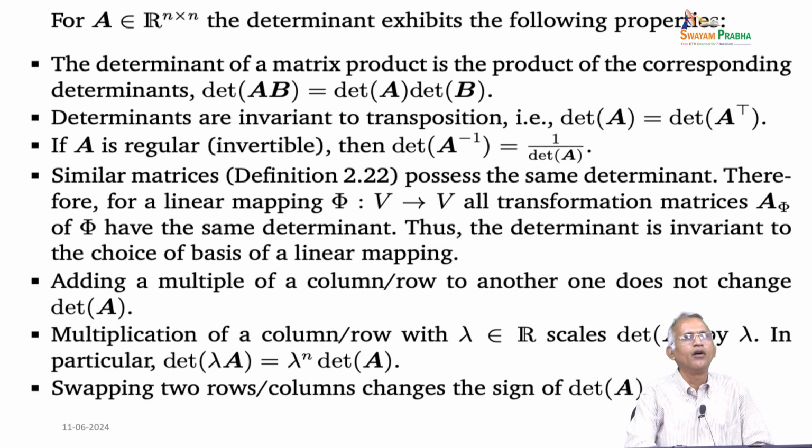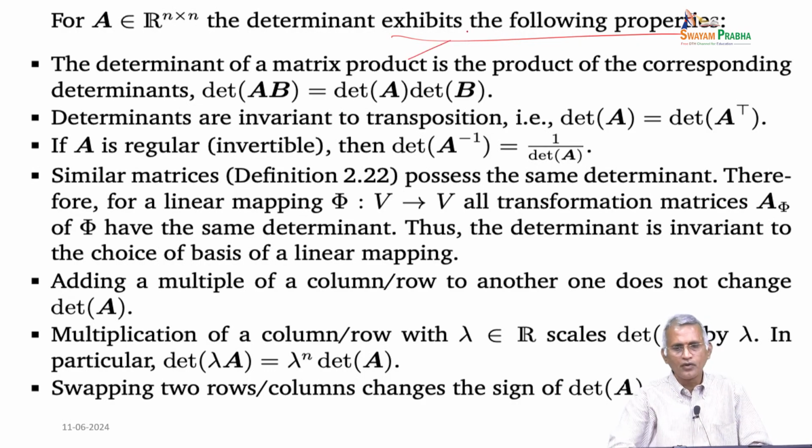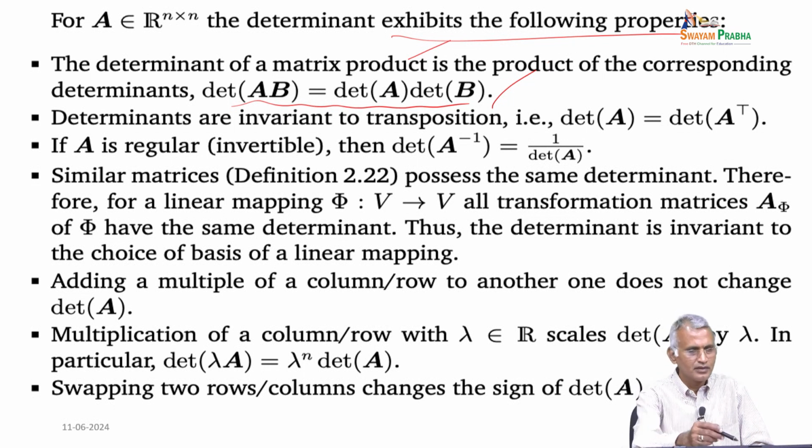Now, for a matrix of n cross n, the determinant exhibits the following properties. Number 1, the determinant of a matrix product is the product of the corresponding determinants, so determinant of AB equals determinant of A times determinant of B. The determinants are invariant to transposition, so determinant of A equals determinant of A transpose.